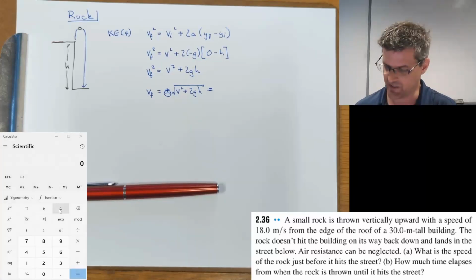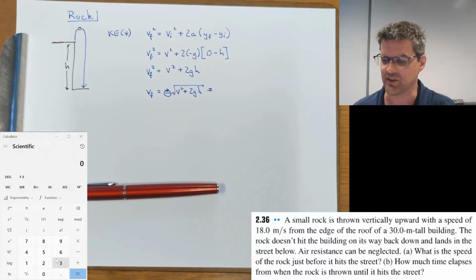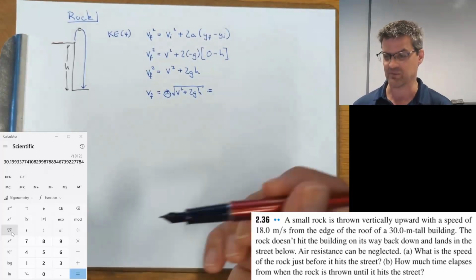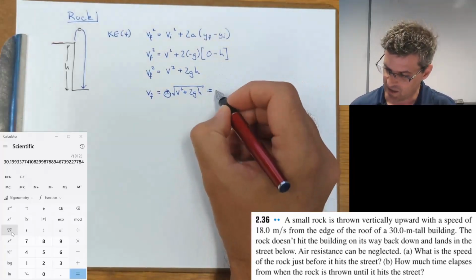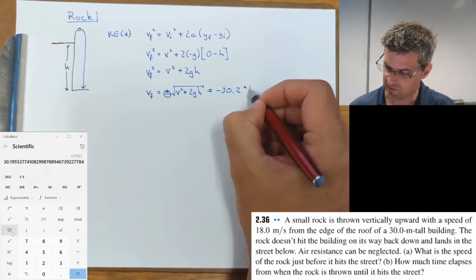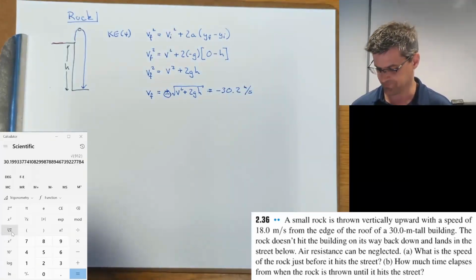Here's our calculator. Our initial velocity is 18 meters per second. So 18 squared plus 2 times 9.8 times 30 meters tall, times 30, is equal to this. I take the square root. So the final velocity happens to be minus 30.2 meters per second.